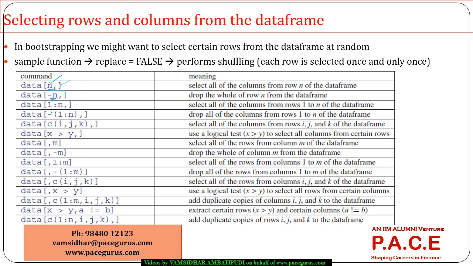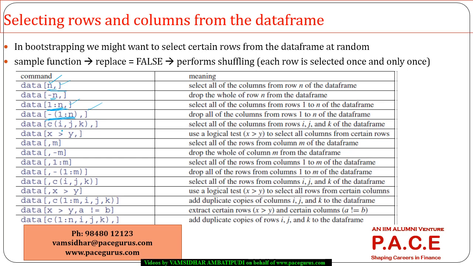Getting rows 1 to n means all the rows from the first row to the nth row, with all the columns. Minus 1 to n means don't get the first 1 to n rows, so you get only the remaining rows, but all the columns from those remaining rows.